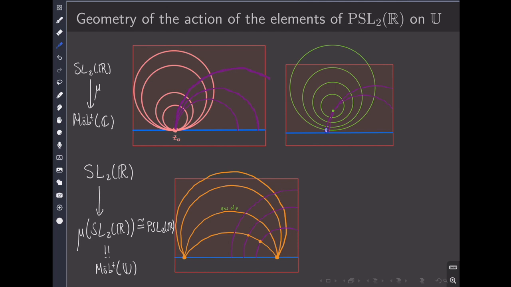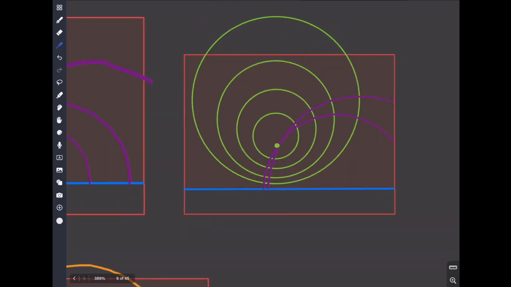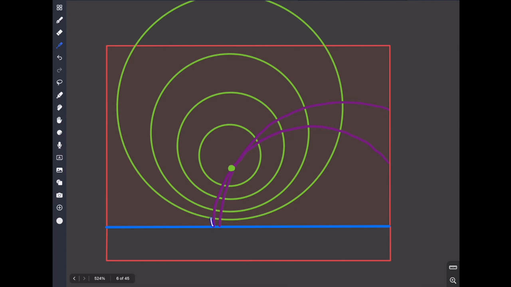One such semicircle orthogonal to R bar would go to another one that has to pass through the fixed point.